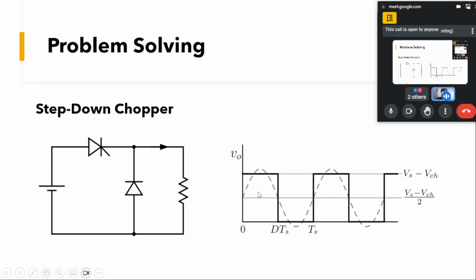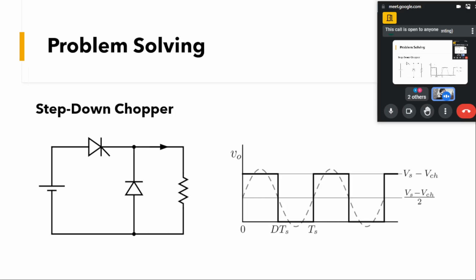So now our output voltage waveform is a squarish kind of waveform, and if we apply the Fourier analysis to this square wave, we can get the different harmonics. A square wave is comprised of different harmonics, first, second, third, fourth, and so on.